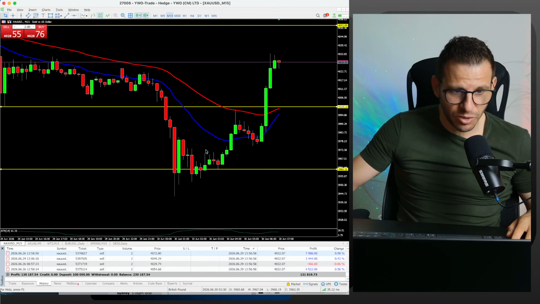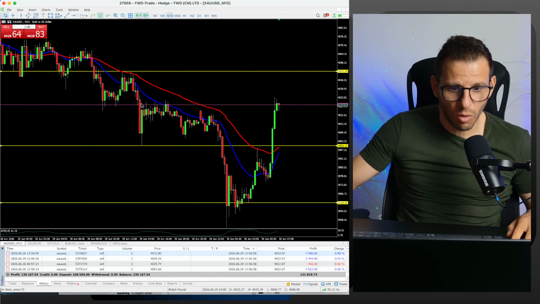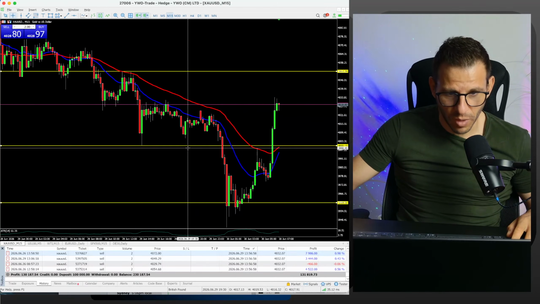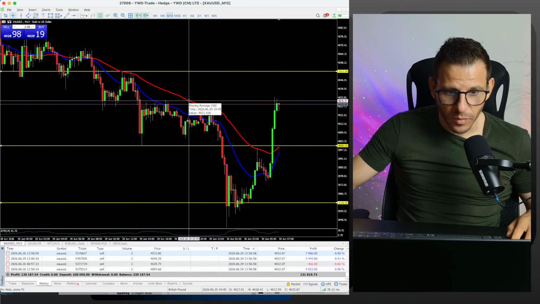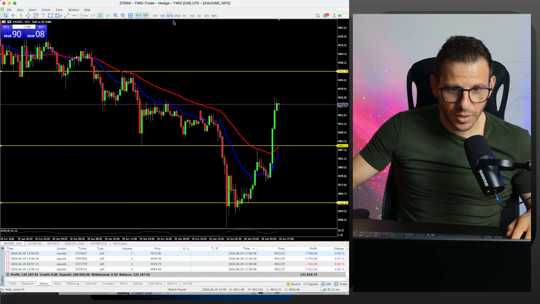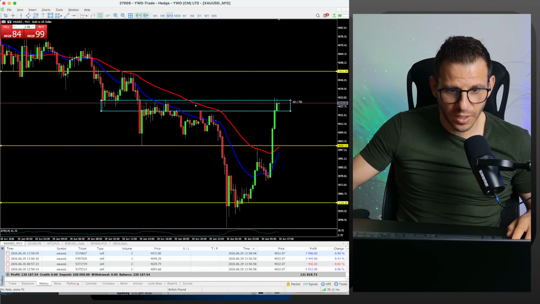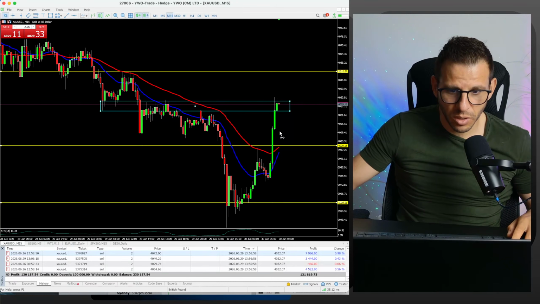On the 15-minute chart, guys, we have a change of market structure. These highs here: we have 1 touch, 2 touches, 3, 4, 5 touches in this region.